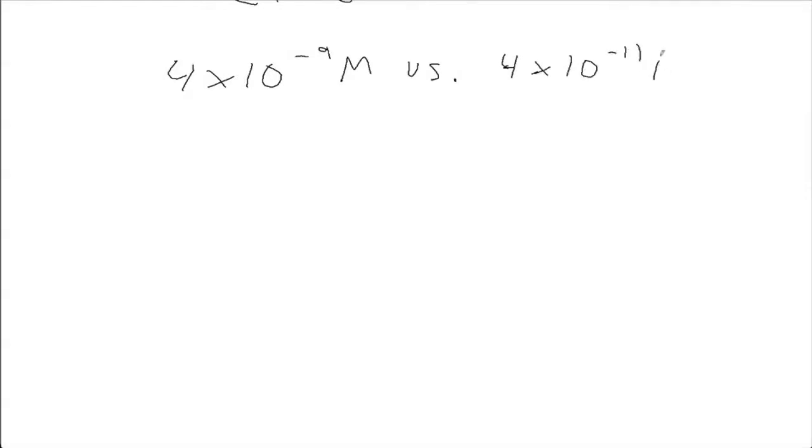You were comparing these? Yeah. Okay, that's a good question. That comes up a lot, so that's an important question. Well, let me ask you this. Do you know how to simplify this without a calculator?